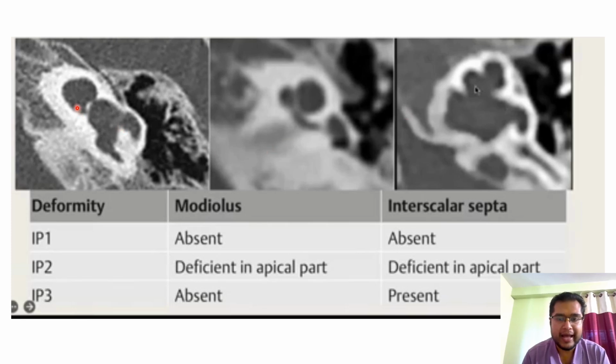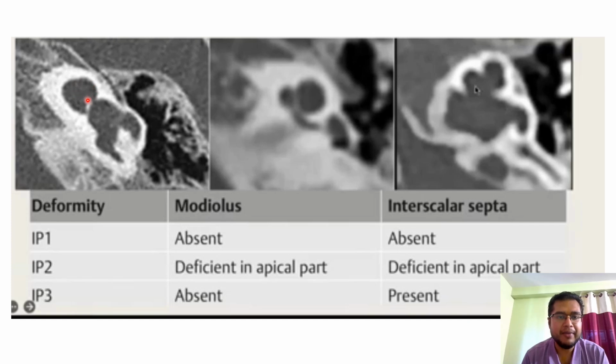IP1 has absent modulus as well as interscalar septa, while IP2 has deficient modulus, but modulus is actually present. As we can see in IP2, the apical and the middle turn are fused with each other, while the basal turn can very well be appreciated.